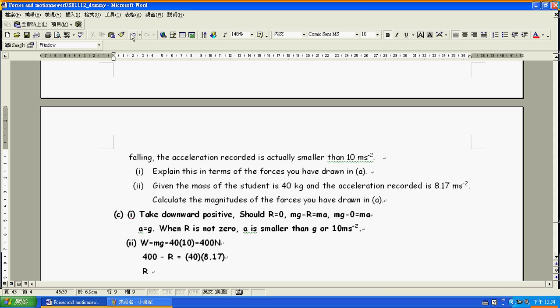So therefore the reaction R is 400 minus 40 times 8.17, using my calculator, which is 73.2 newtons.